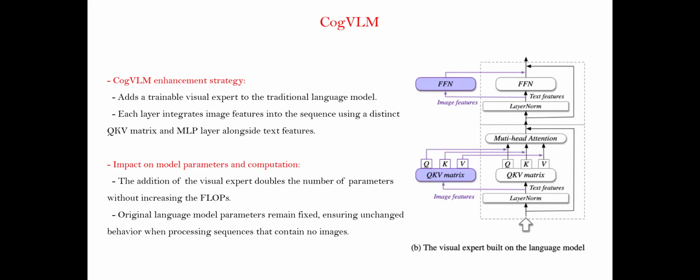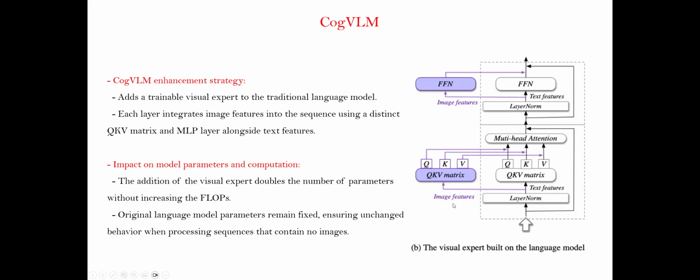So basically, if you look at the CogVLM structure, it introduces a QKV matrix. This is one transformer block inside the LLM.